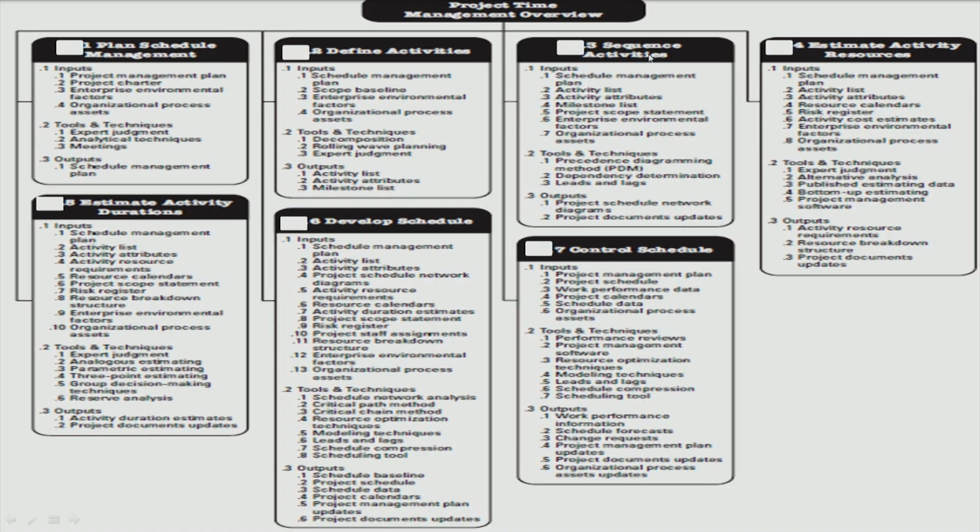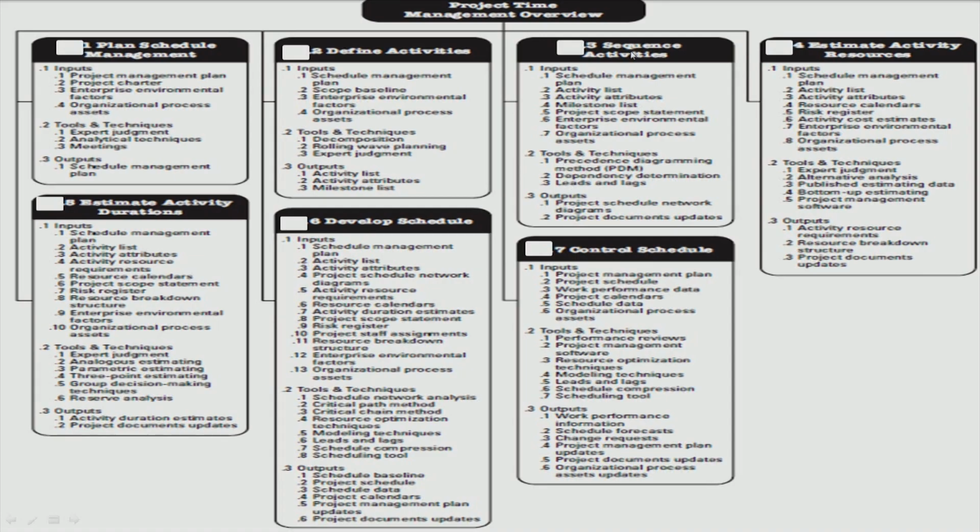Then you have got sequence activities. You just keep in mind that the input from first process is there in second processes, all the inputs from this are here in sequence activities, right. So, it has got 7 inputs, 3 tools and techniques.